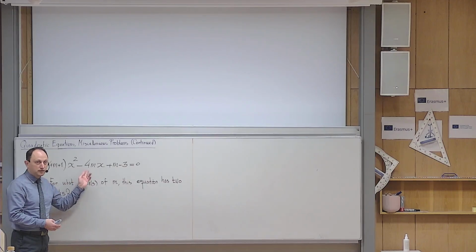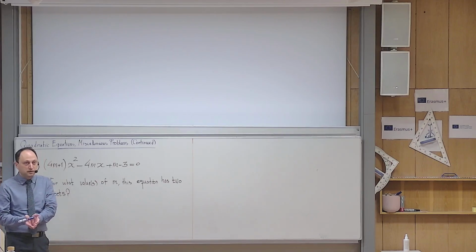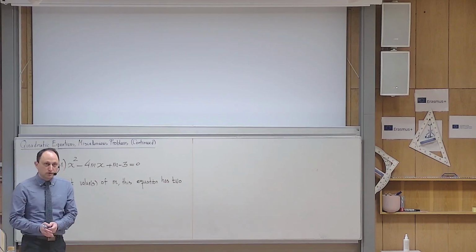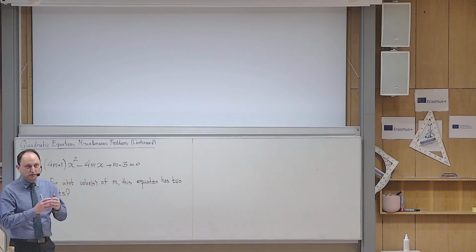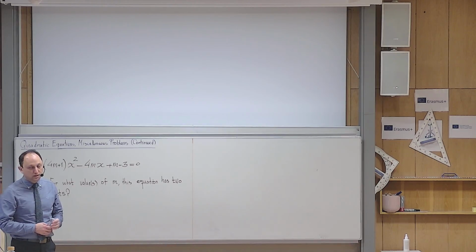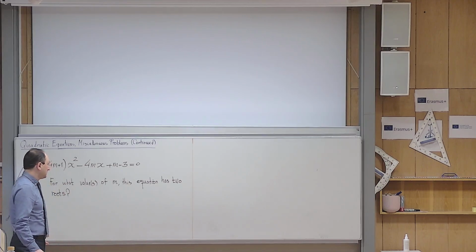Because every quadratic equation is not guaranteed to have two roots. Some quadratic equations have two roots, some of them have only one double root, and some of them do not have any roots at all. But this is not the way that you have to think and disturb yourself. This is very simple. Okay?